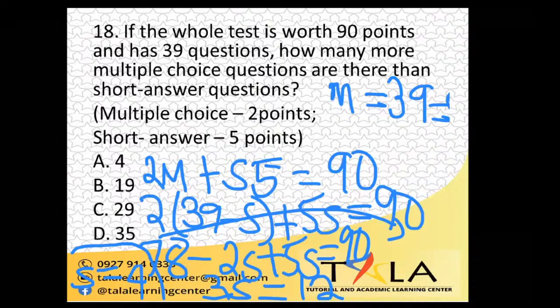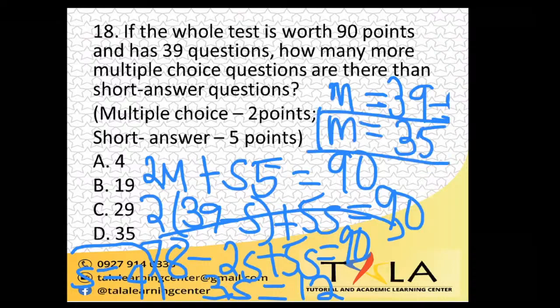E di subtract mo. 39 minus 4, ang multiple choice natin ay 35. So 35 minus 4 is equal to 29. So, mas marami ang multiple choice questions ng 29 questions kesa sa short answers.